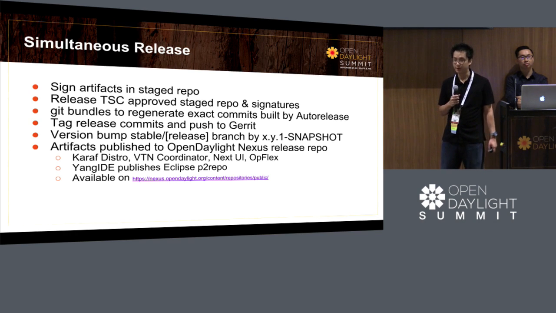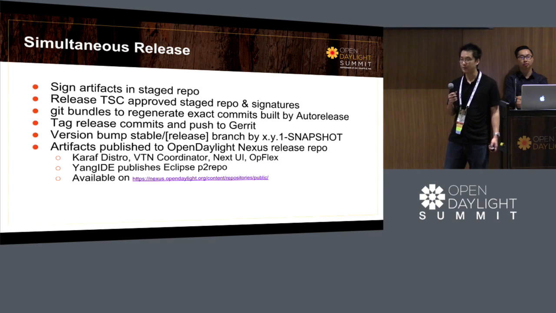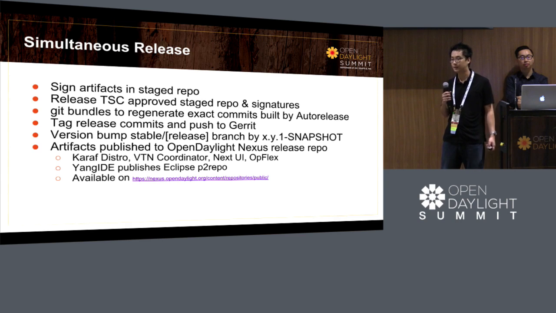Again, we use the Git bundles to regenerate the commits, and we push those commits to Gerrit as well. And we tag the release for all the projects. Finally, we also version bump by 0.1 on the stable release branch, which sets us up for the next service release a couple of weeks down the road.